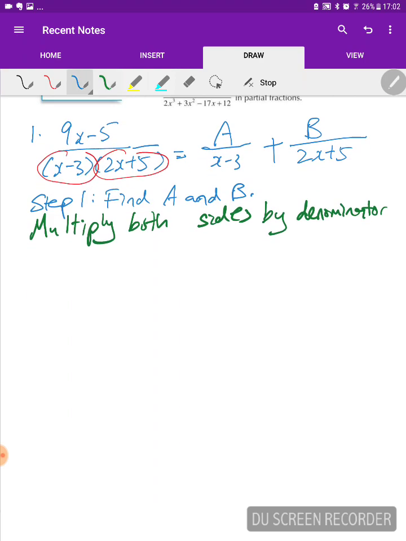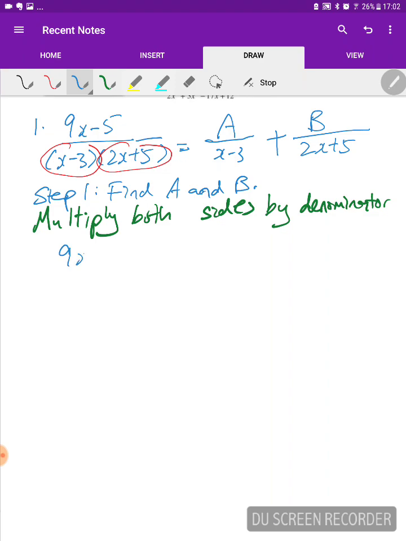If I multiply both sides by the denominator, I will have 9x minus 5 equals A over x minus 3 times the denominator, so you are left with 2x plus 5. Those who are familiar with getting rid of the denominator will understand what I'm trying to say.